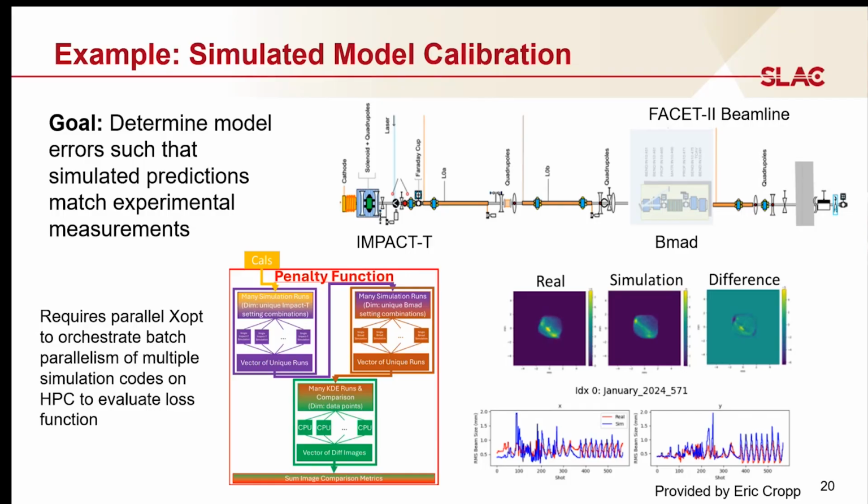Then you adjust the parameters. So the parameters of the simulation are your optimization variables. And eventually, you hope that your optimization succeeds and you start getting reasonable comparisons, with your simulation predictions aiming to match your experimental measurements.